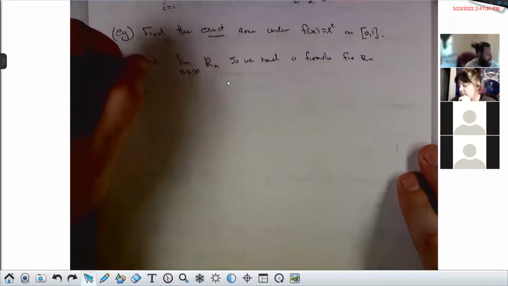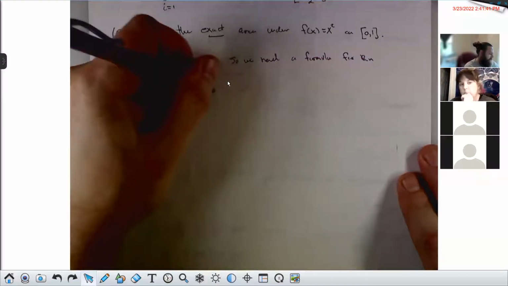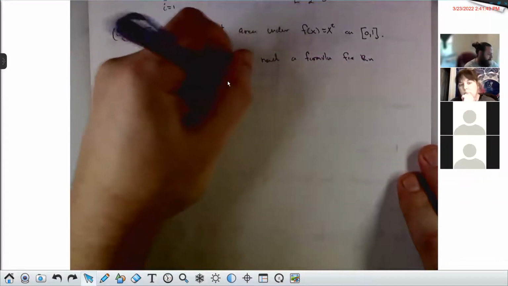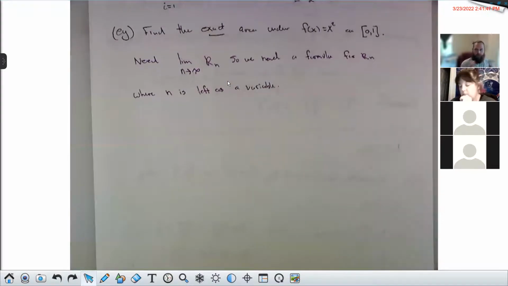where n is left as a variable. It's easy enough for me to say, approximate this area using 5 rectangles, or approximate this area using 10 rectangles. It's much harder to say, find me a formula that you would get for approximating this area using n rectangles.